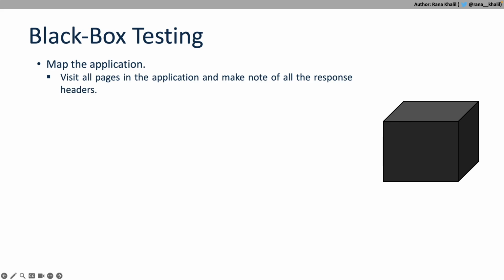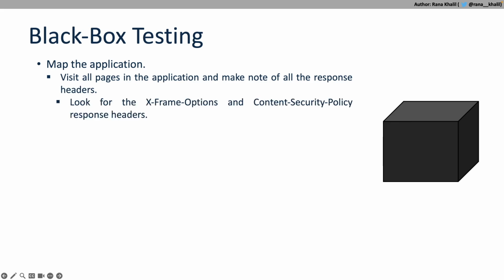What we're looking for is defense mechanisms that the application is using to prevent clickjacking attacks. Now that's usually done using the X-Frame-Options response header or the Content-Security-Policy response header, or sometimes a combination of both. We'll discuss these headers in much more detail when we reach the prevention section.